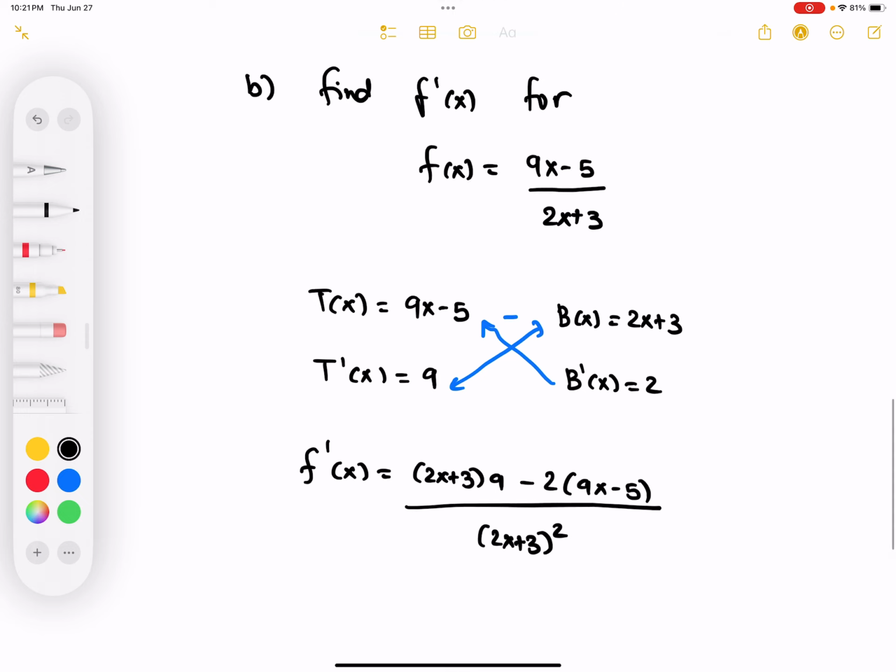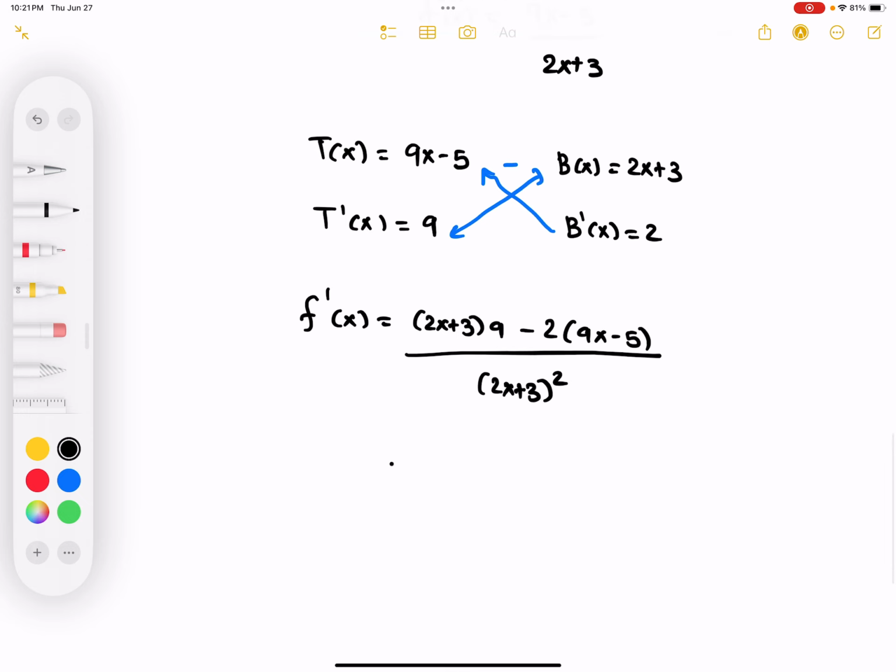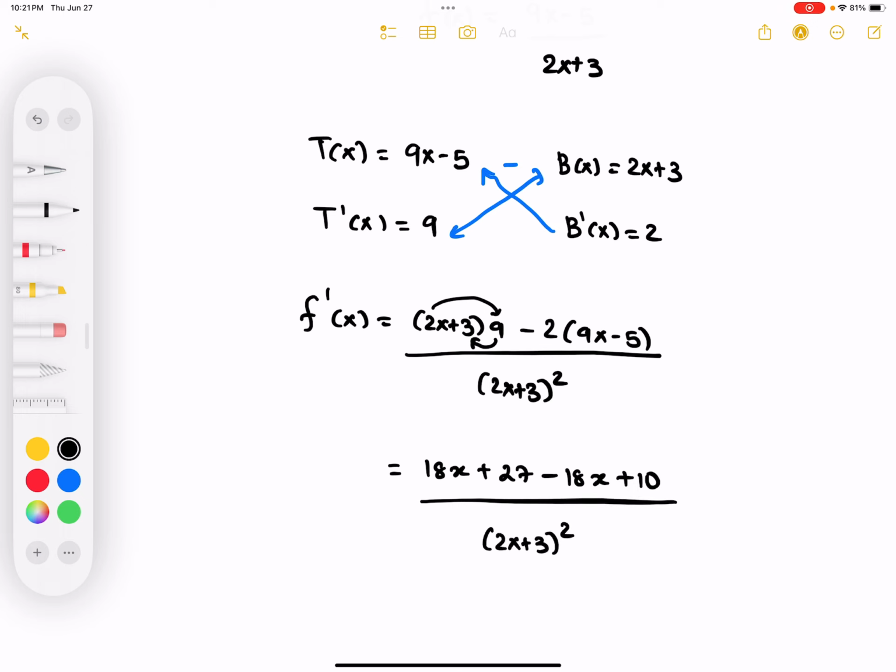You don't need to simplify the bottom, but make sure to simplify the top. So this multiplied by this is 18x plus 27, minus 18x plus 10, divided by 2x plus 3 the whole square.